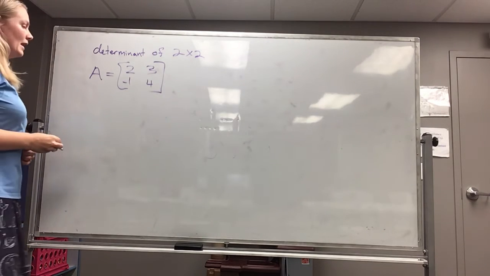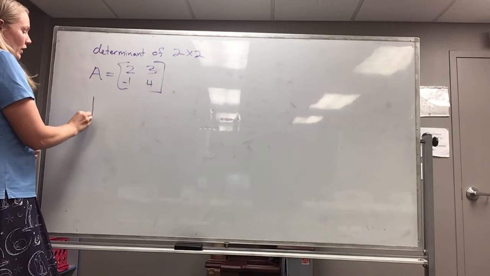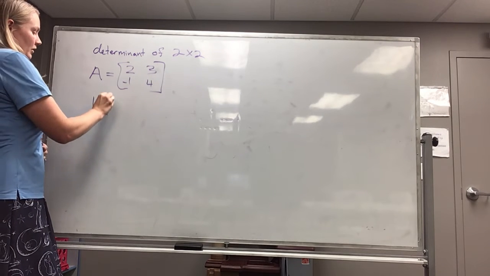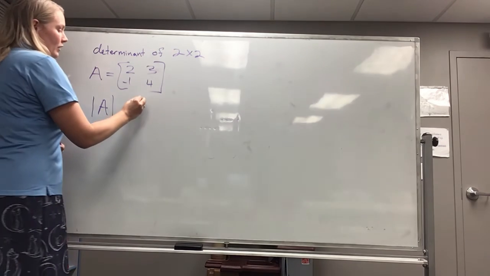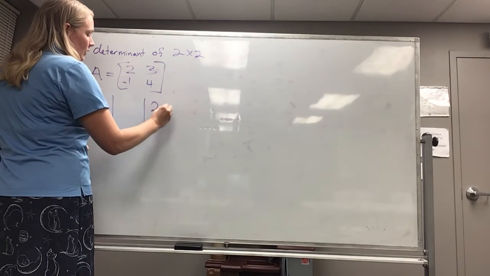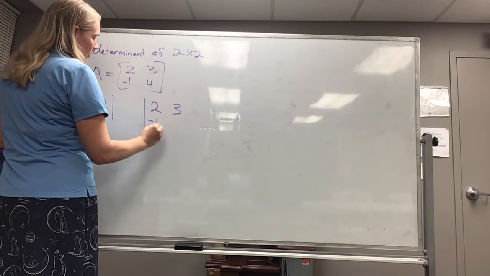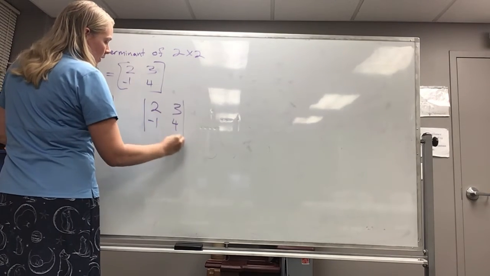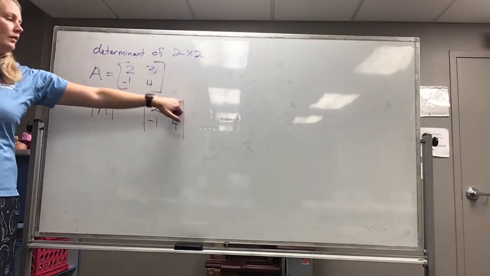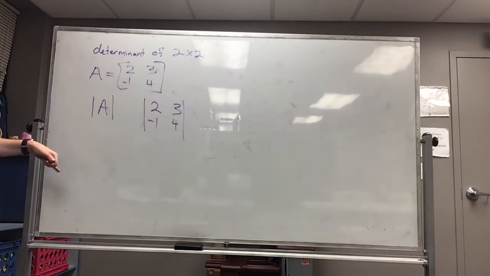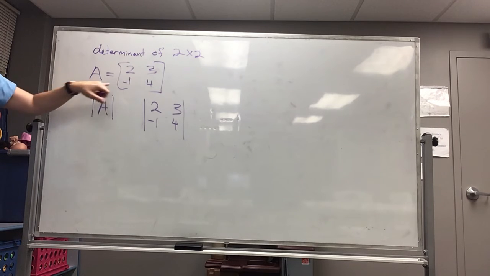It looks kind of like an absolute value sign, and so they could say the determinant of A, or they might give it to you just as the matrix and not bother with the label. They just put the bracket straight lines around the matrix number information.